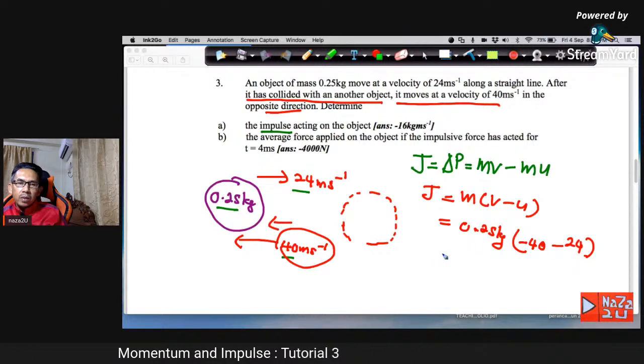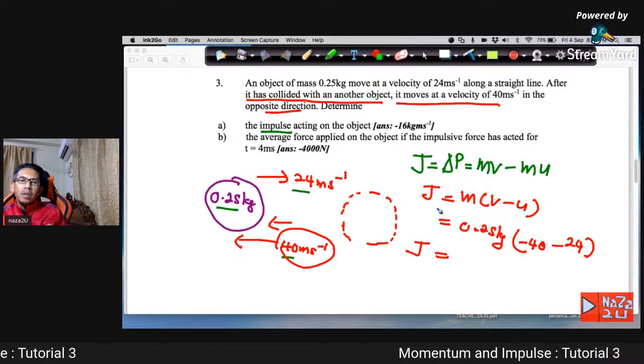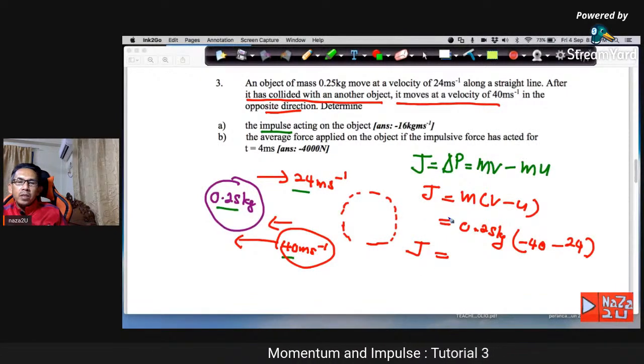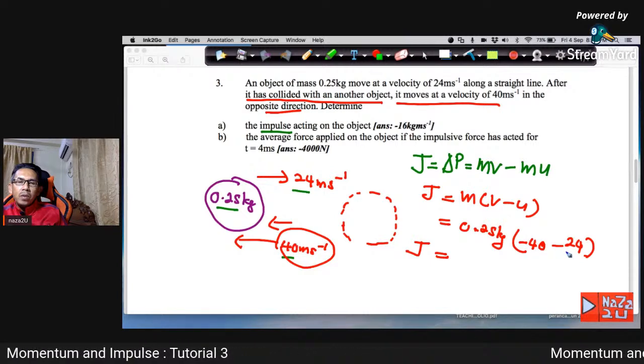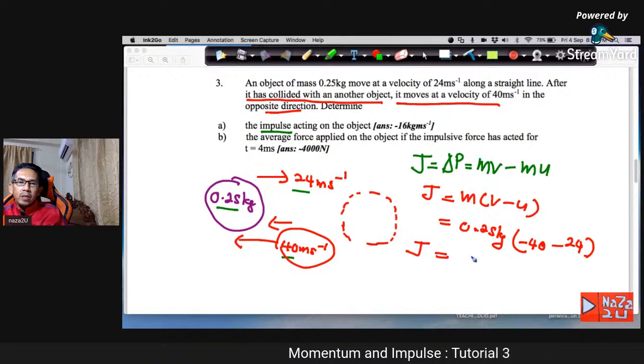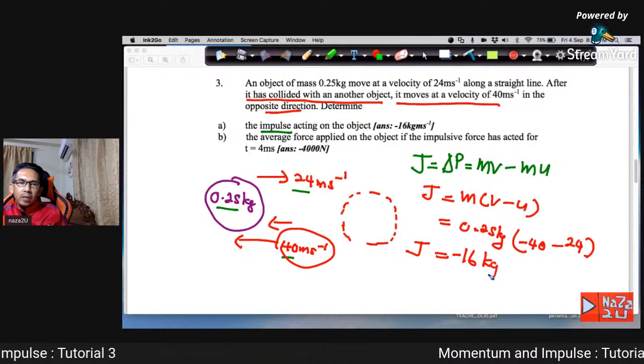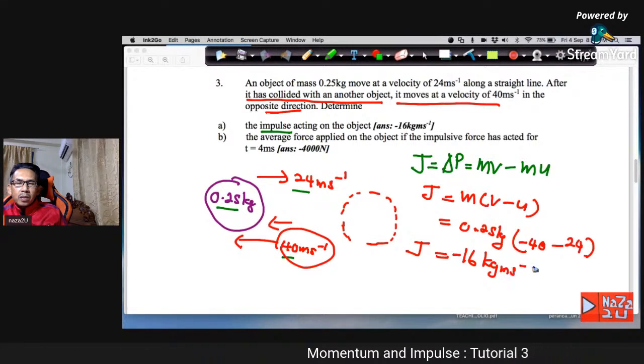So now you can use the calculator to find the value of impulse J, negative 40 minus negative 24 times 0.25 kilograms. So the final answer is negative 16, right? Negative 16 kilogram meter per second.